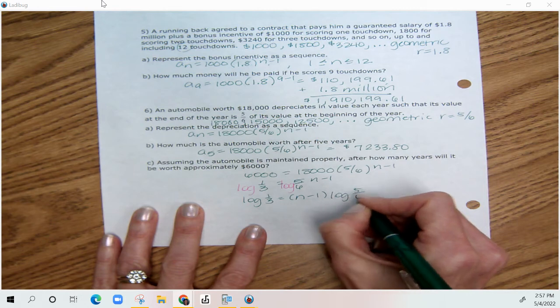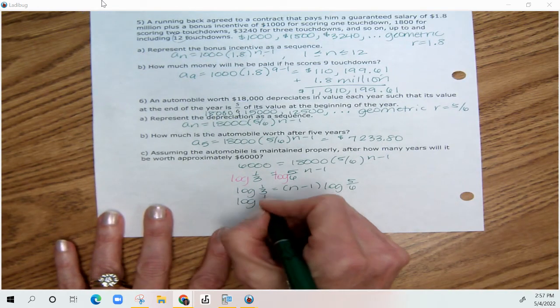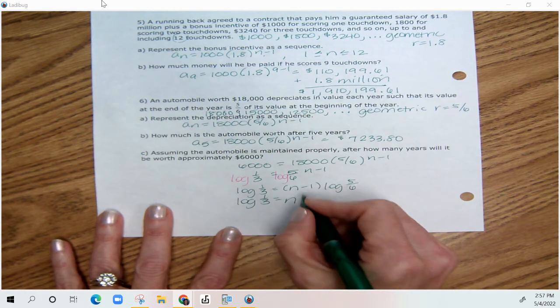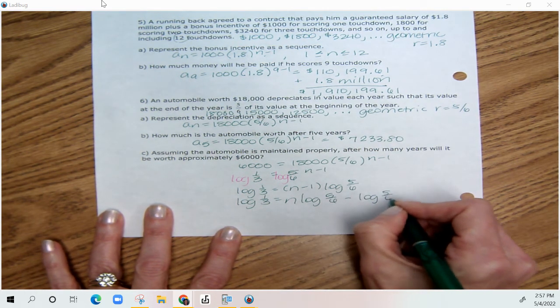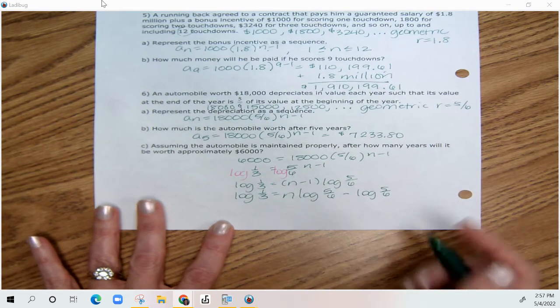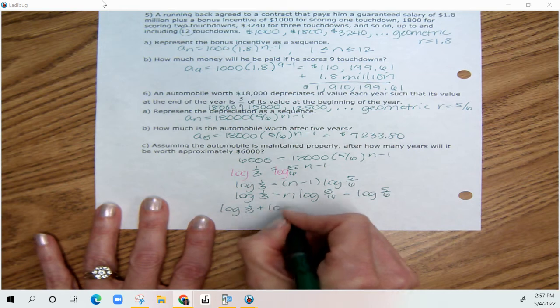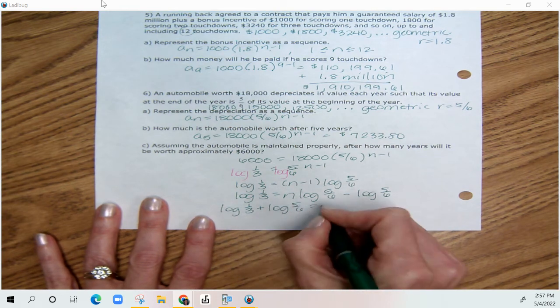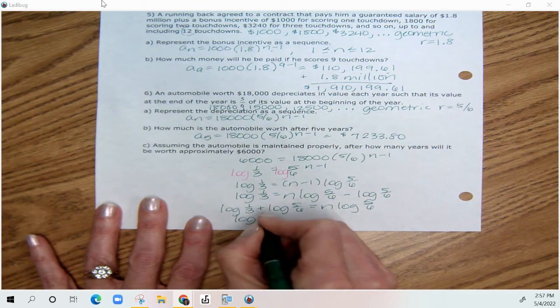That's expanding. Then you would distribute over here. And we're starting to move things away from n, so we would add the log of 5/6 to both sides, and then divide by the log of 5/6.